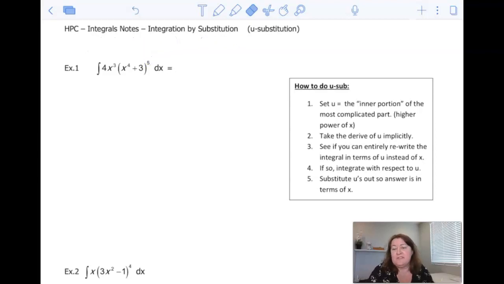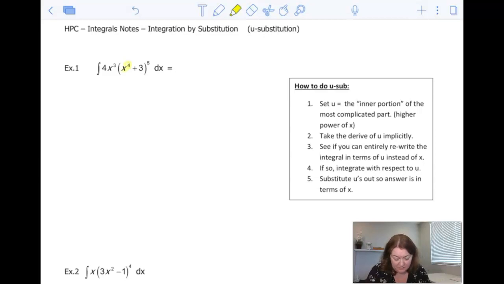My first step is I need to decide, and it won't be perfect every time. There are times you're going to try it and it's not going to work, and you're going to come right back to the step and start over. So I'm going to try to decide what I want to simplify. I'm looking for the most complicated part. Here's the hint: I'm looking for the x that has a higher power than another x already visible.